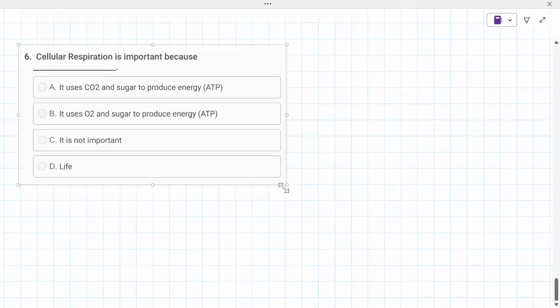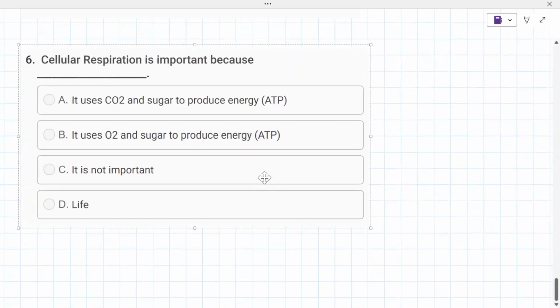All right, here we go. We got another question. Cellular respiration is important because... B. Okay. How certain are you of your answer?